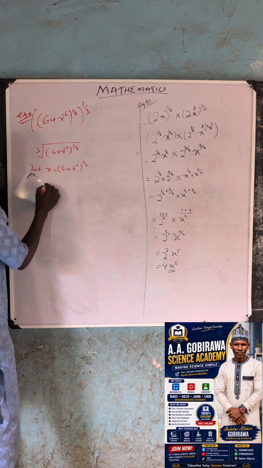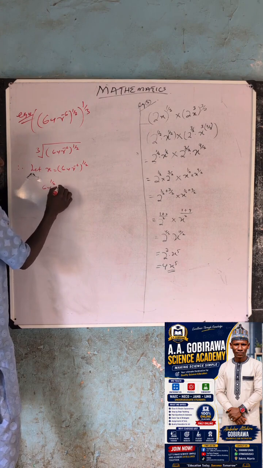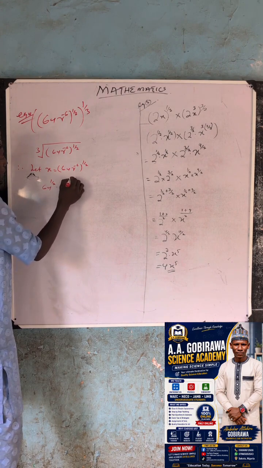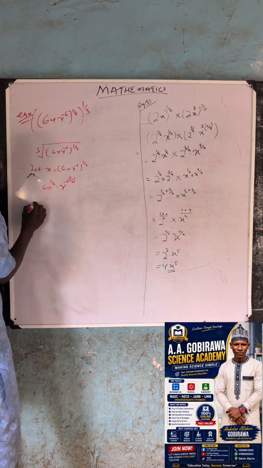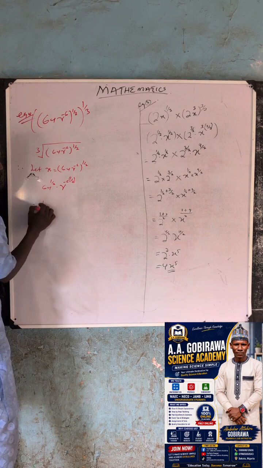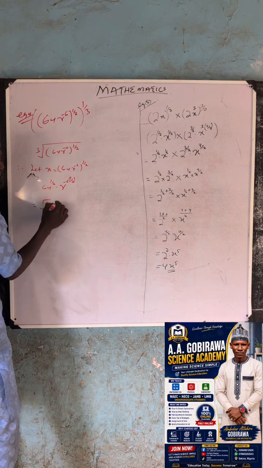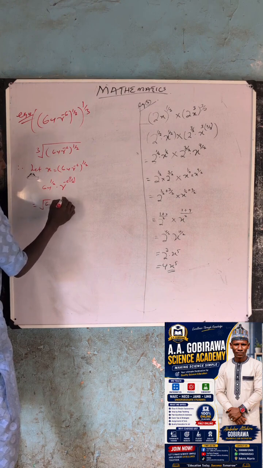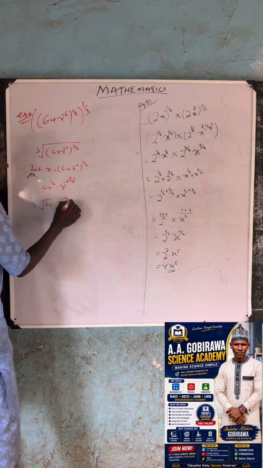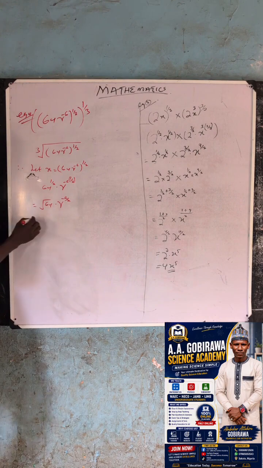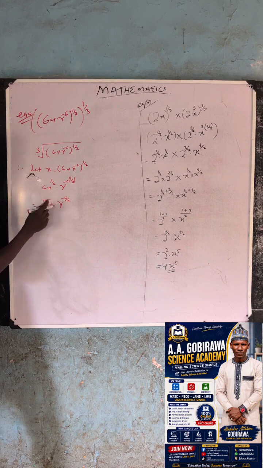Therefore 64 power 1 all over 2 dot r negative 6 power 1 all over 2, which is equal to root of 64 dot r negative 6 all over 2, which is equal to root of 64 is 8.